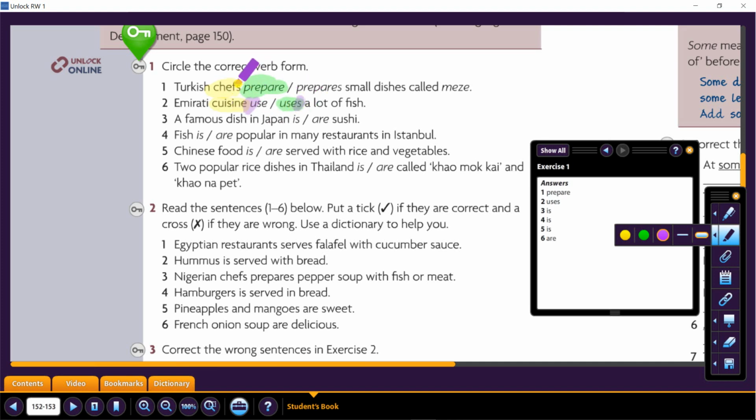But since we have S here, no need to put S here. You can follow this trick to help you deal with such tasks. Pause the video, ladies. Check your answers and come back again to deal with task number 2.